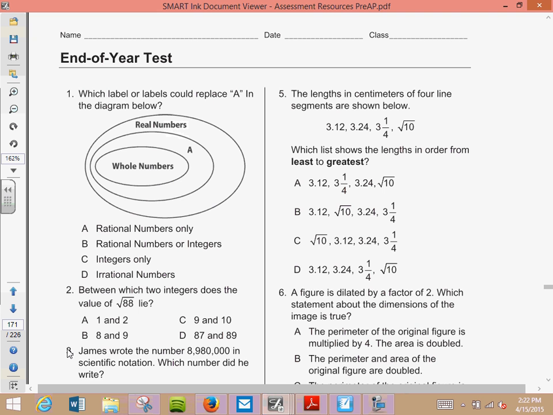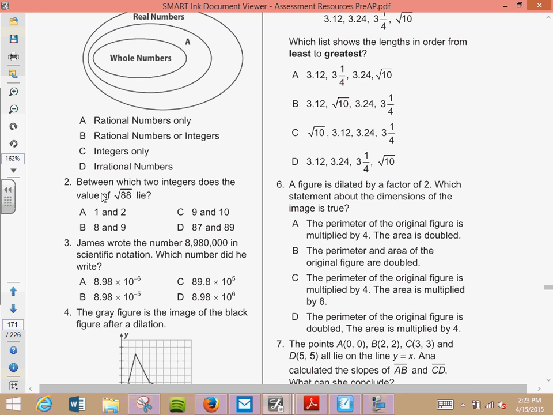So which one is it? So it would be 3.12, 3.16, 3.24, and then 3.25, right? Good. That shouldn't be difficult, right?